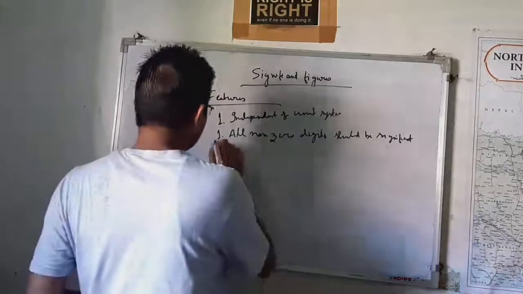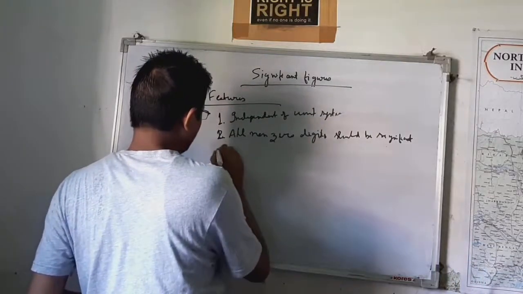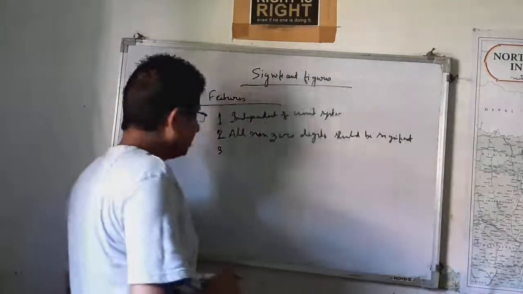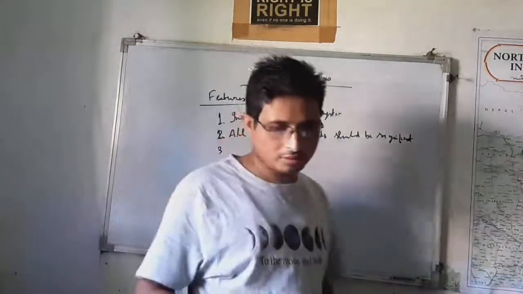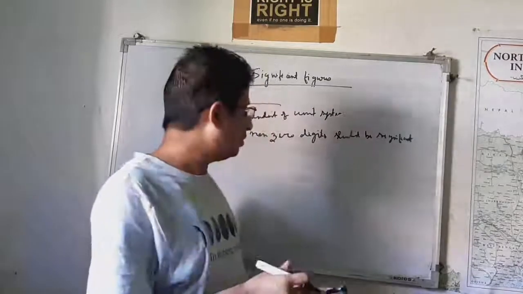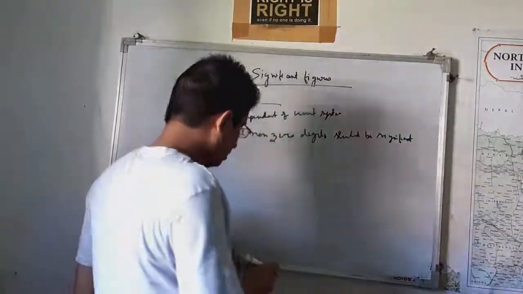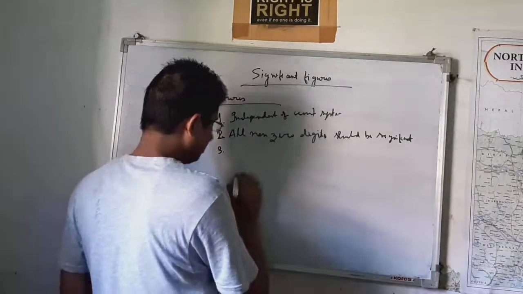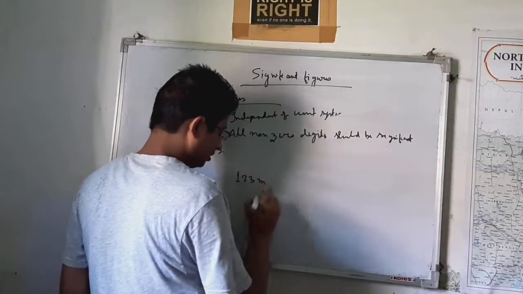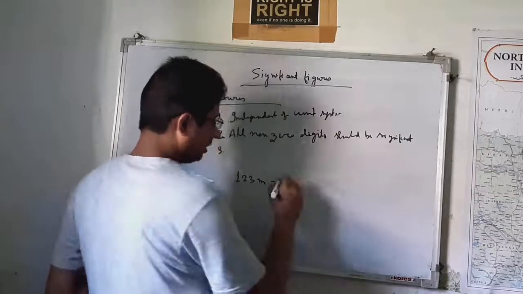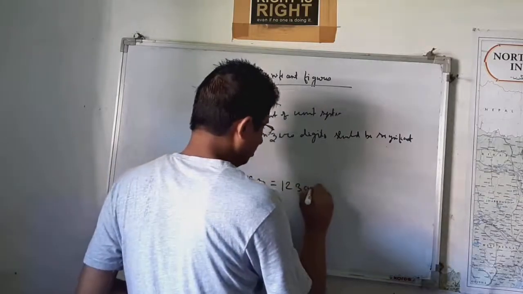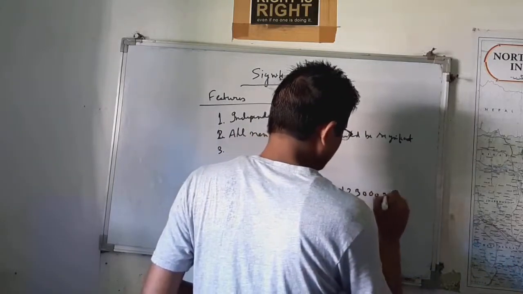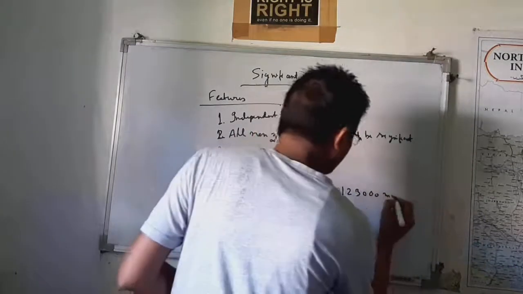Okay, this is number 2. Now number 3. Again I will take the example of the length between two objects, 123 meter. It can be expressed as 12300 centimeter or 123000 millimeter.